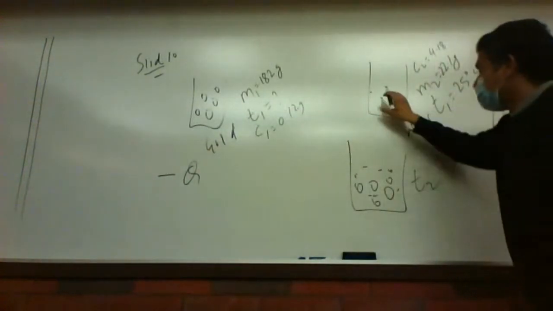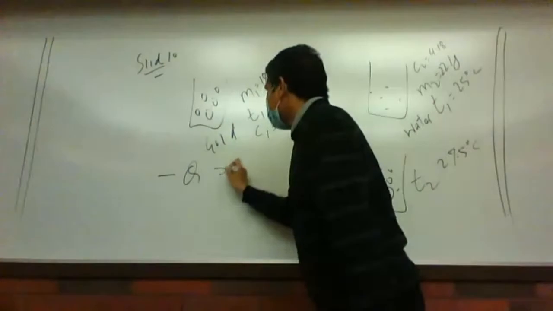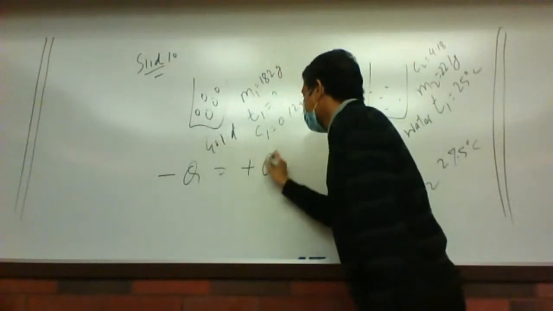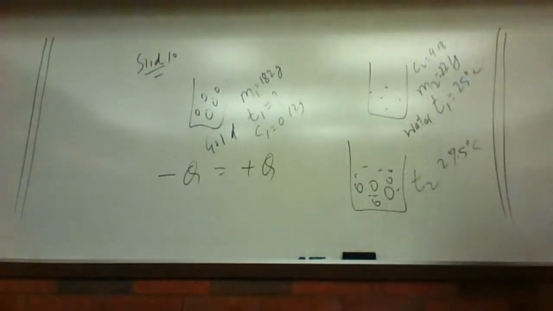And then this water is going to get that much heat that the gold lost. When I need to calculate the temperature, I need to put a minus sign on one side. But if I were calculating the specific heat capacity, I would not put a minus sign. I just put a plus on both sides, and then I would calculate the M or C I need, and if a minus sign comes there, I say, oh, mass cannot be negative, so I just disregard.